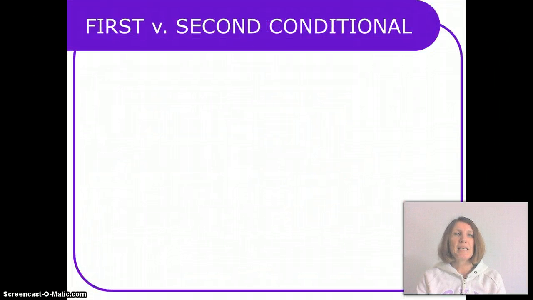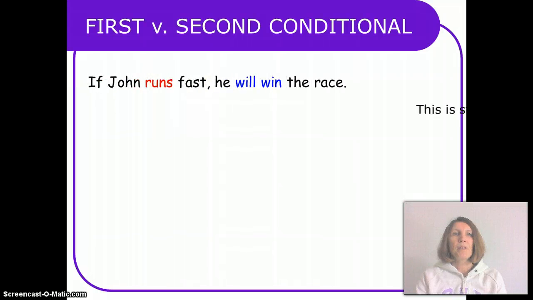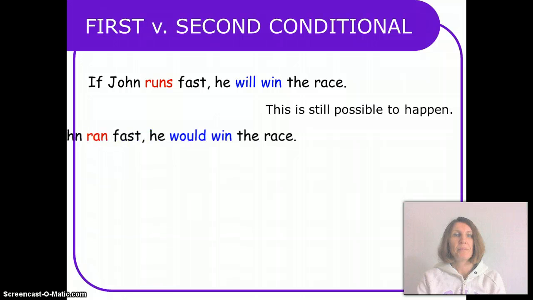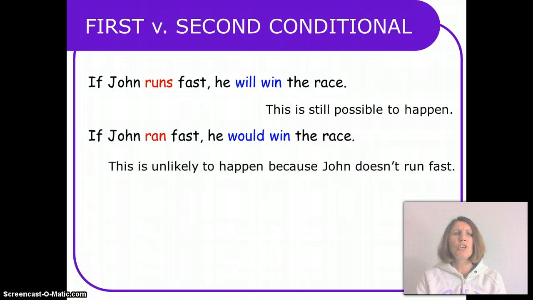Compare the first and the second conditional. If John runs fast, he will win the race. Can John run fast? Yes, he can. So, it's possible that he could win the race. If John ran fast, he would win the race.